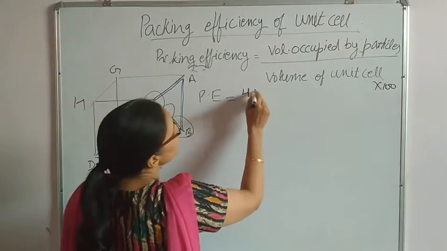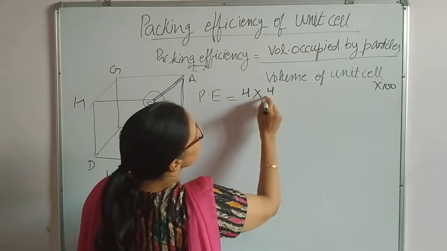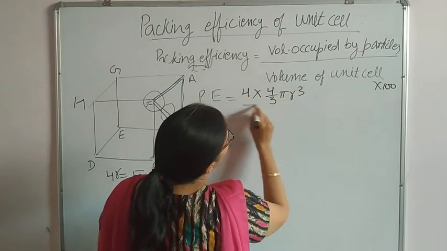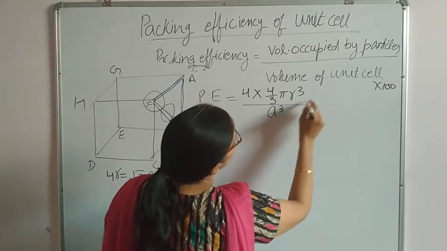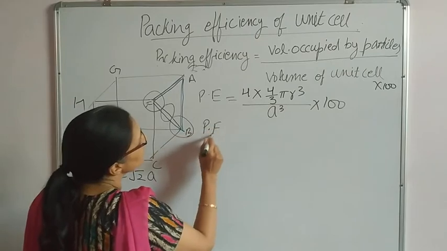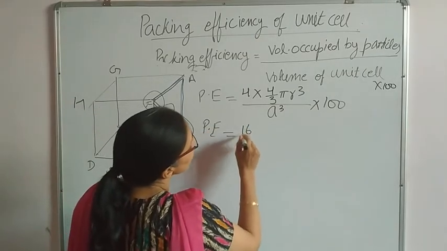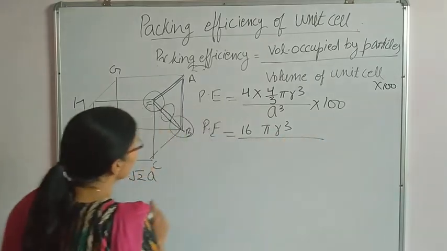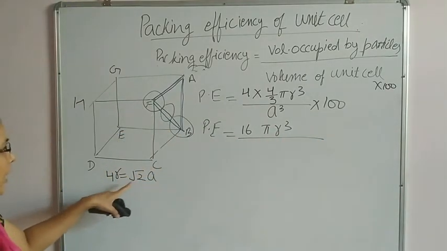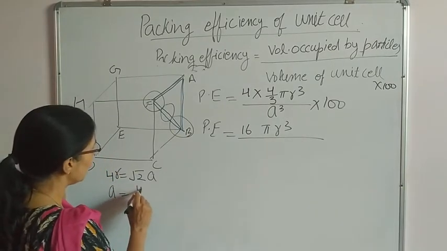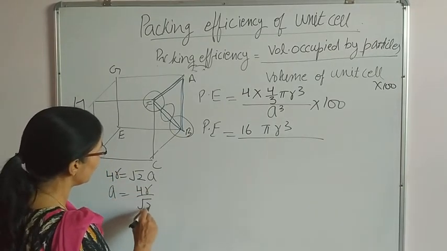So 4 into the volume of one sphere, 4 by 3 pi r cube, upon a cube, into 100. So packing efficiency, 4 fours are 16 pi r cube upon a cube. What is a? a is equal to 4r upon root 2.